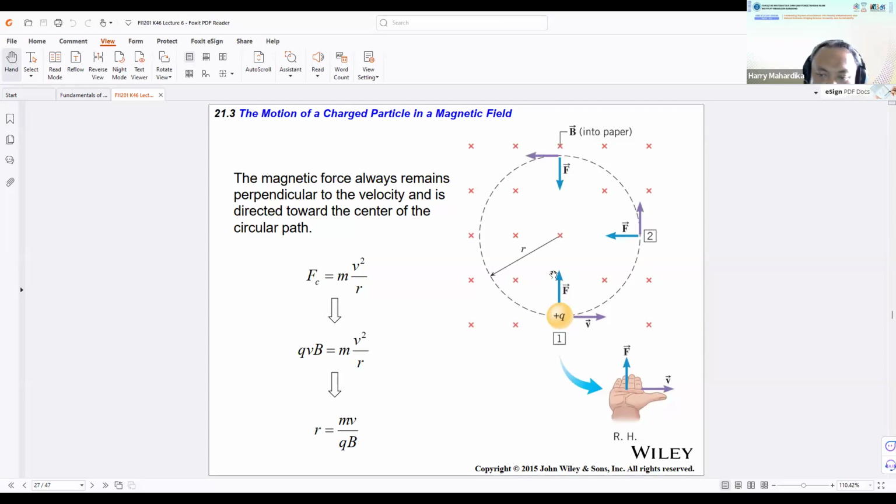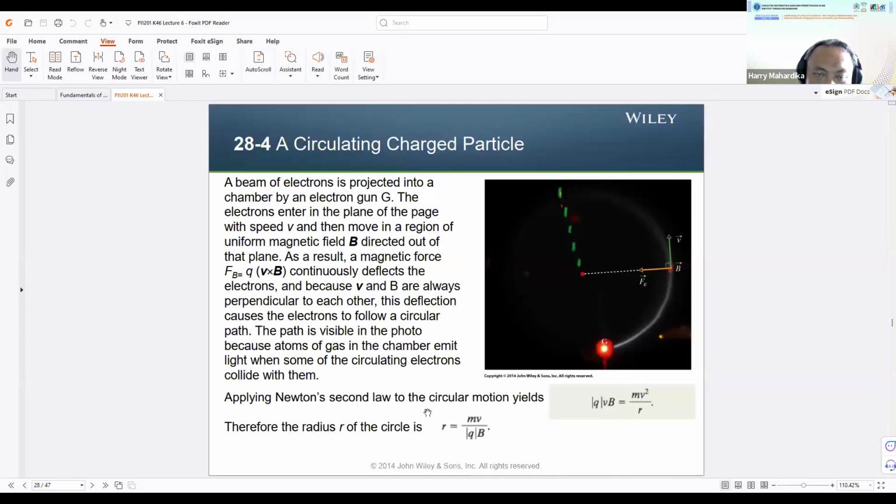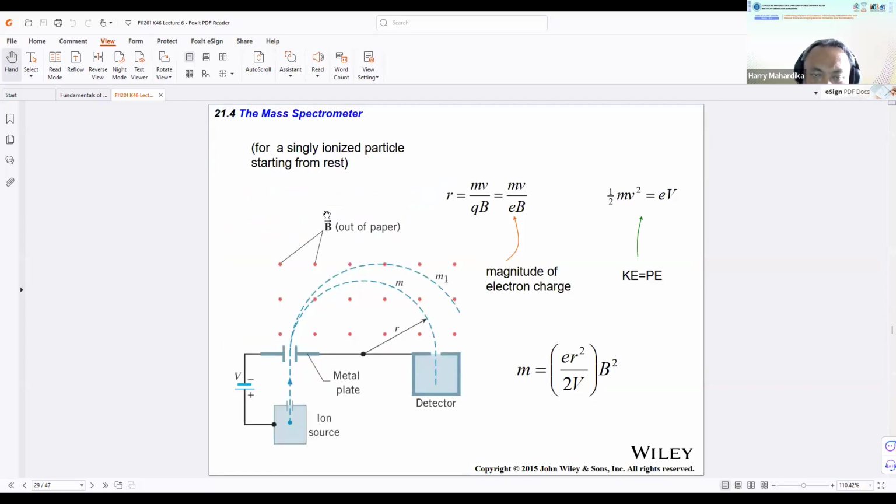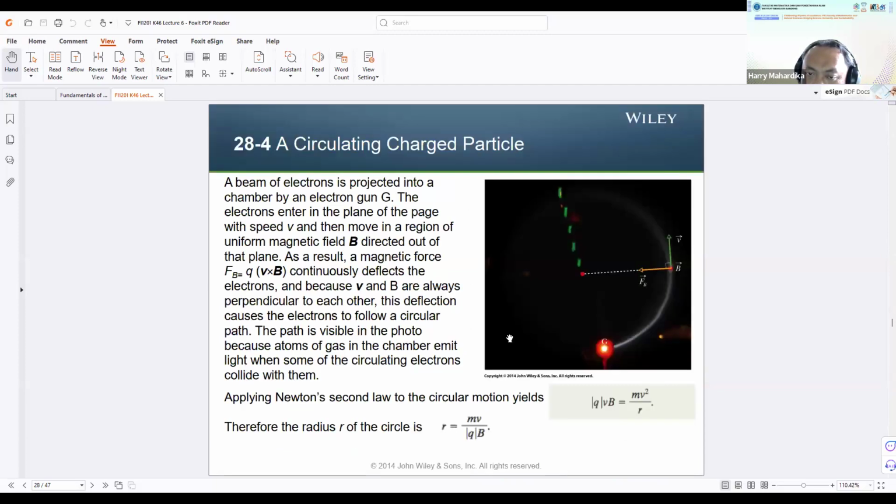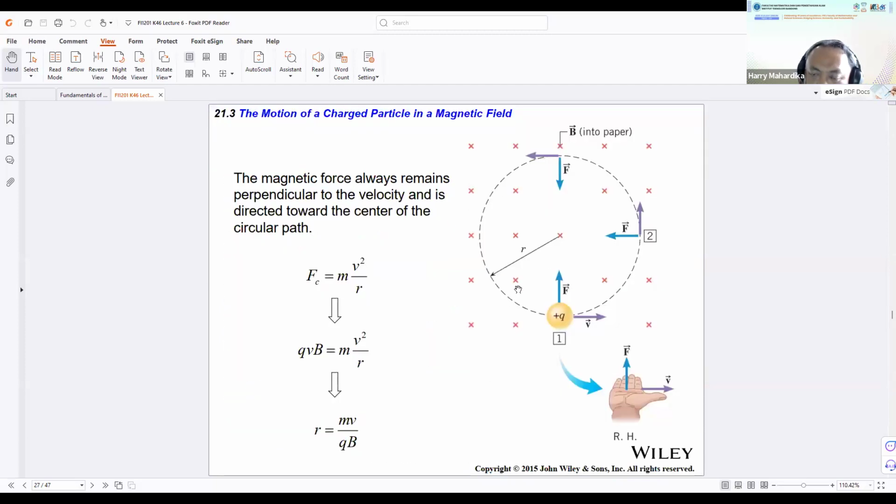If this is continuous, it produces a circular motion like this one, with a certain radius that we can use for later applications. We could see applications in the cyclotron and the mass spectrometer, but we will discuss them in Thursday's section.